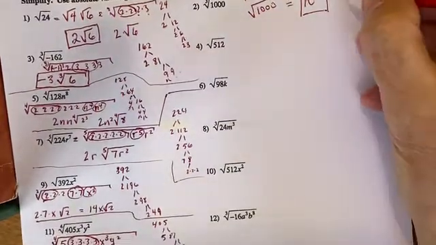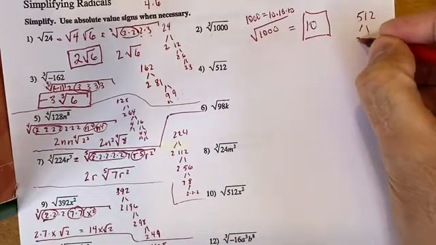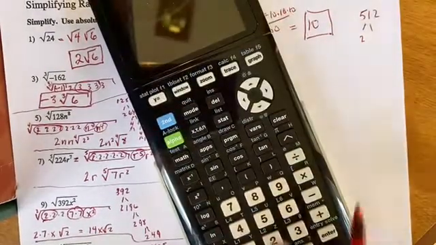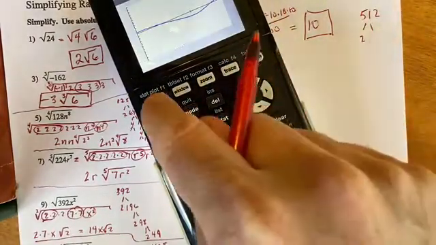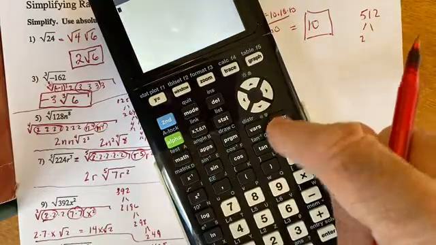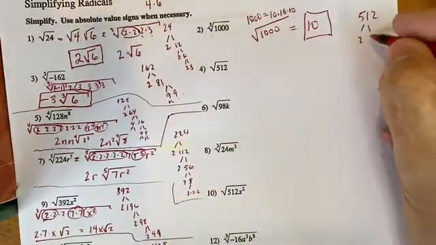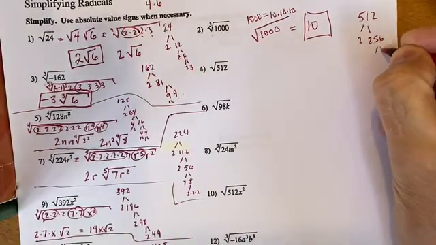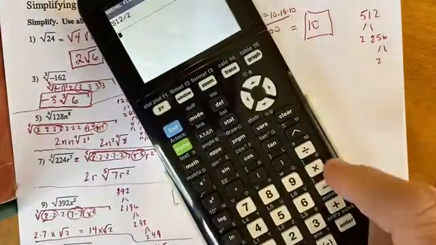512? Let me see there. It's 2 times... 512 divided by 2 is 256. 256 is 2 times 128.